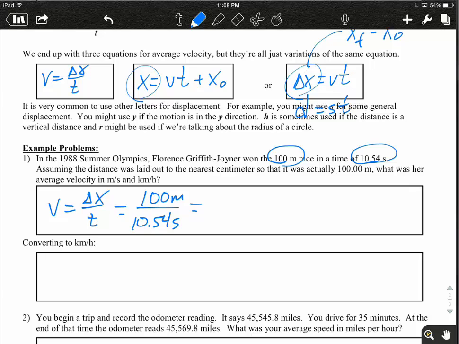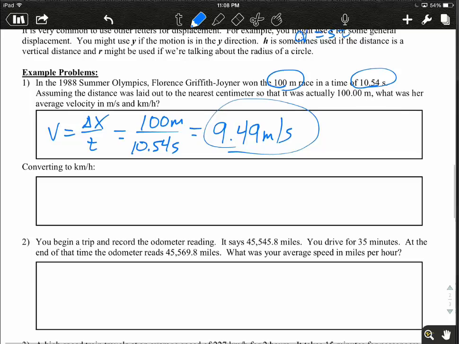So 100 divided by 10.54 is 9.49 meters per second. And that's your answer. I usually round all my answers to 2 decimal places. They really don't care on the test. You don't have to use significant figures or anything like that.